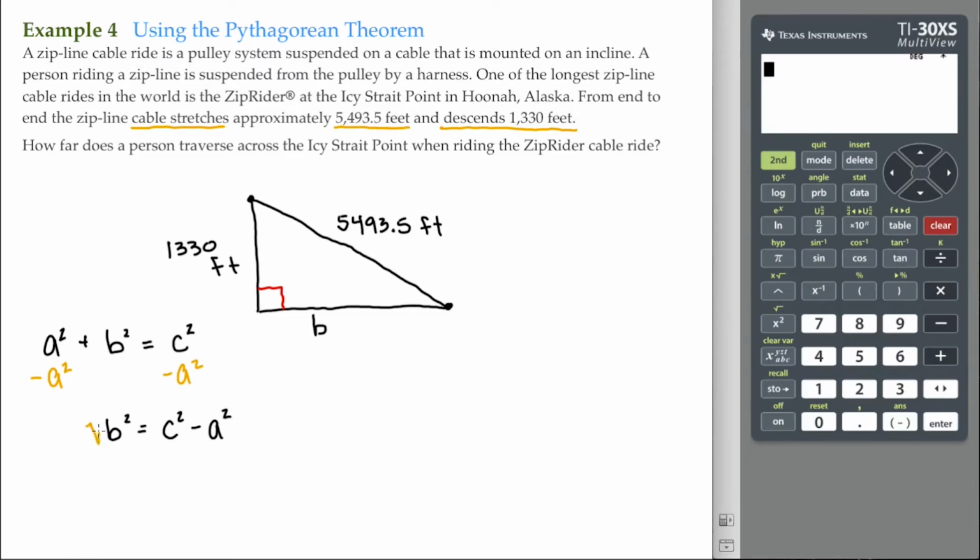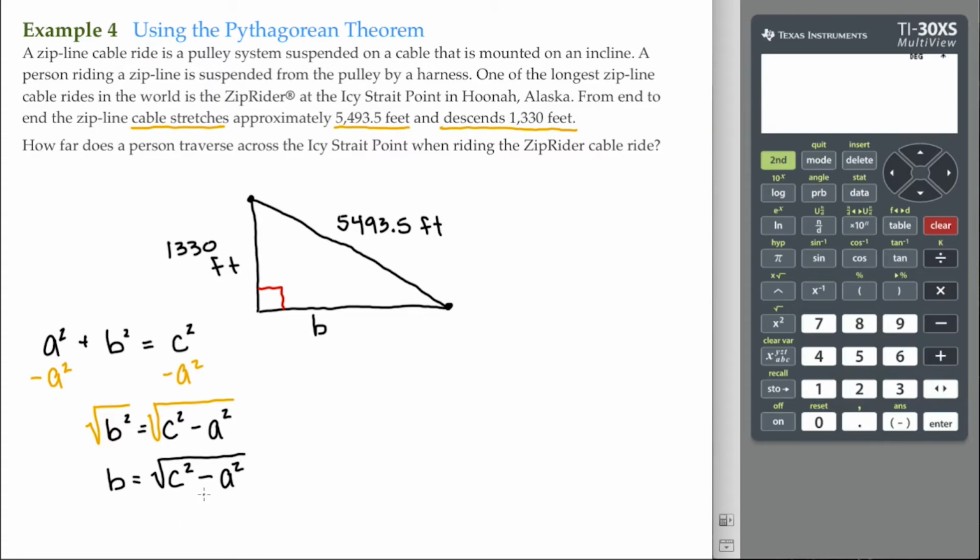Continuing, if I take the square root of b squared, then I have to take the square root of c squared minus a squared. And eventually I have b is equal to the square root of c squared minus a squared. And this looks very similar to the distance formula we were using in earlier sections.